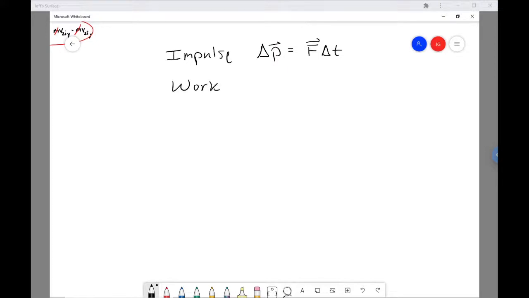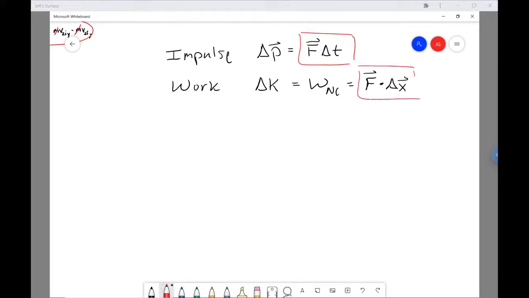Work in the work energy theorem is a change in kinetic energy. Work done by non-conservative forces equals F dot dx. I know these aren't the calculus versions of these expressions, but if you're thinking about impulse, you have this. If you're thinking about work being done that slows down your kinetic energy, you have this. So both of these expressions have forces in them.